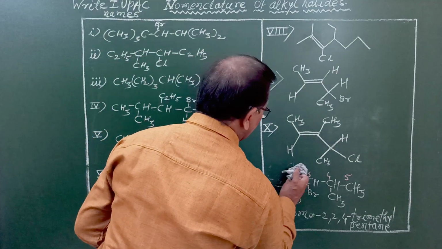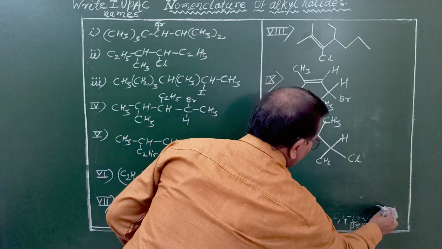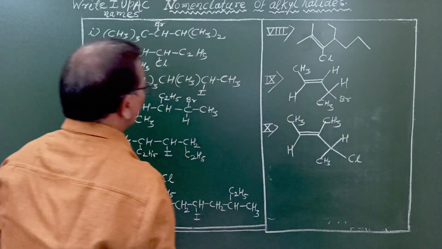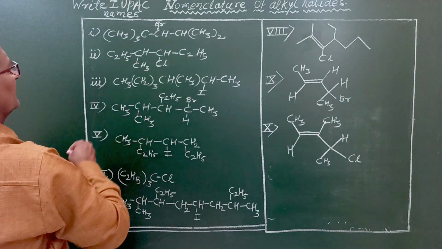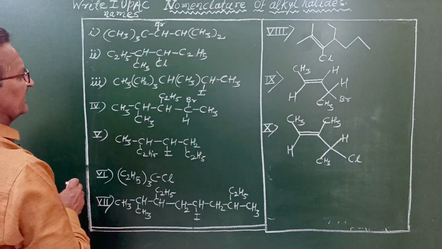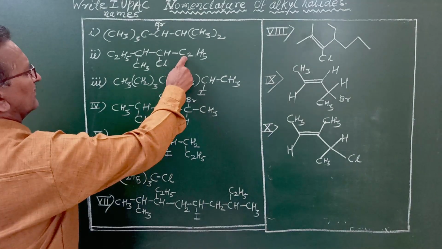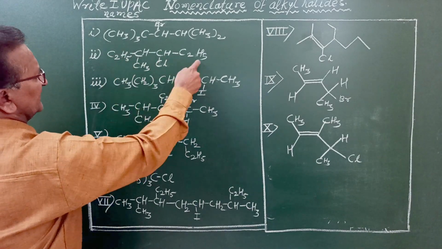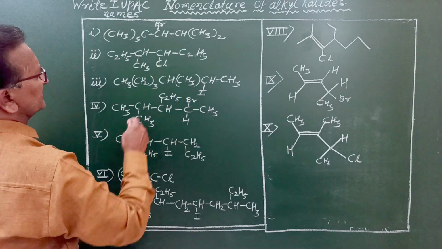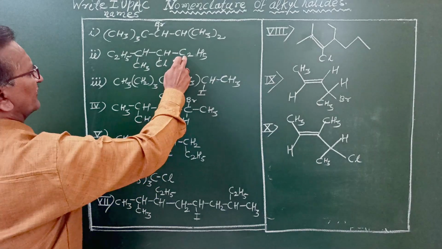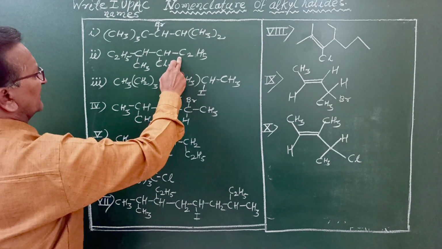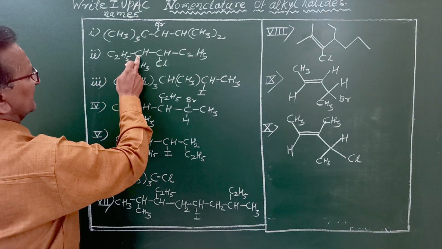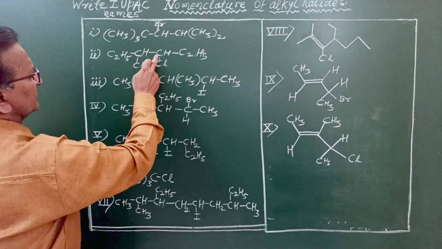Now let us see the next structure. In this structure, we will number carbon atoms like this. The longest continuous chain is this one, the straight chain. Here first, second, this is the third carbon atom, and this is the fourth carbon atom.